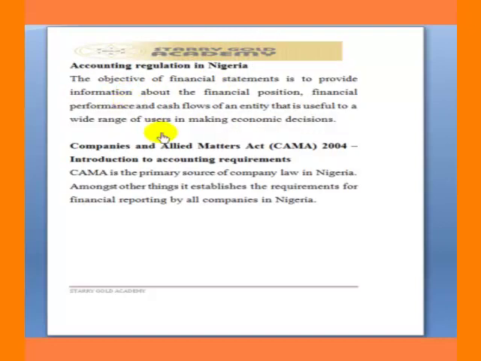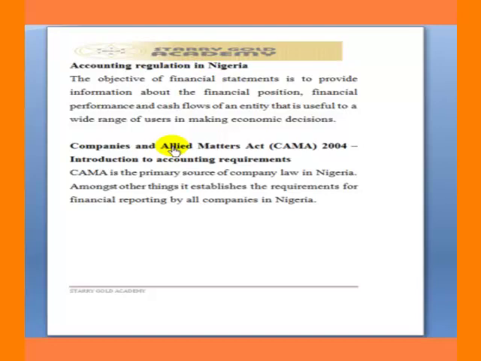So let's now go into details by looking at some of the sections of CAMA as they relate to financial statements. First, the objective of financial statements is just to provide information about the financial position and performance of the entity, showing that the accounts prepared show the true and fair position of the entity's operations.